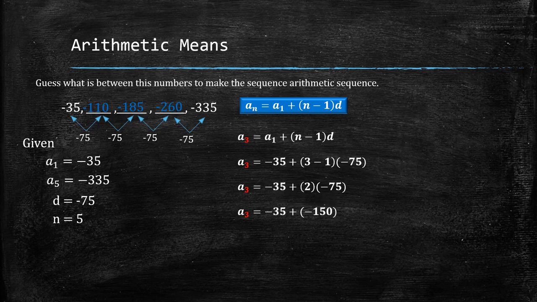So negative 150 plus negative 35. Okay, so our third term is negative 185. Okay, tan-awa. Pareho lang sila. So, meaning ang atong answer sa pagkuha sa arithmetic means tama siya.